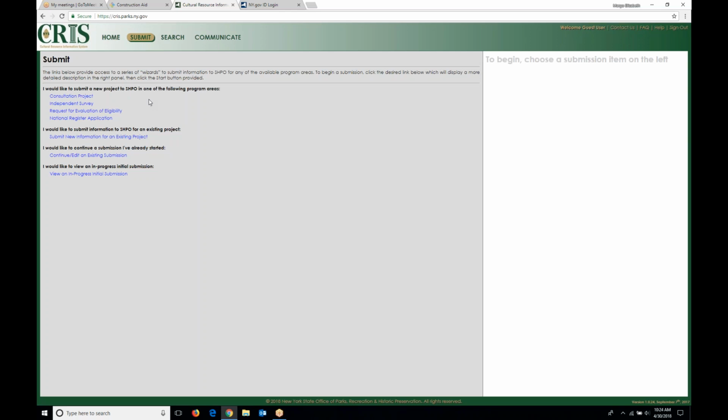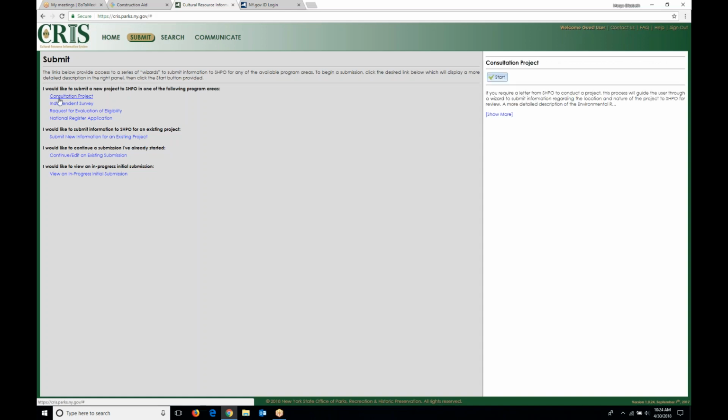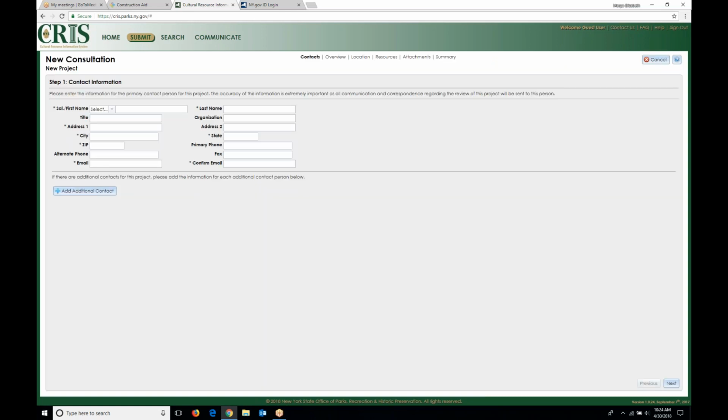When submitting a new project for approval from a SHPO professional, it's actually a consultation project. What you want is a consultation with a State Historic Preservation Office employee on the feasibility of your project. So you simply click consultation project, then start. And then the rest of this is just filling out forms.